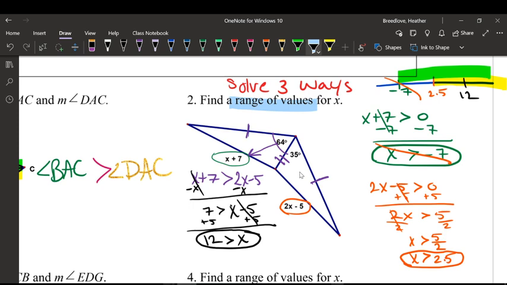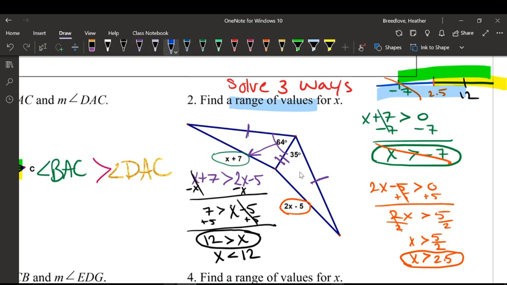So sometimes it helps to flip them all facing the same direction, so I'm going to do that real quick. So 12 is greater than x is the same as x is less than 12. So all of the x's are on the left, the numbers on the right. So if x is less than 12, if I go to the 12 and I go to the left of that, because that's where the values that are less than 12 are, now I can see where my answer is.